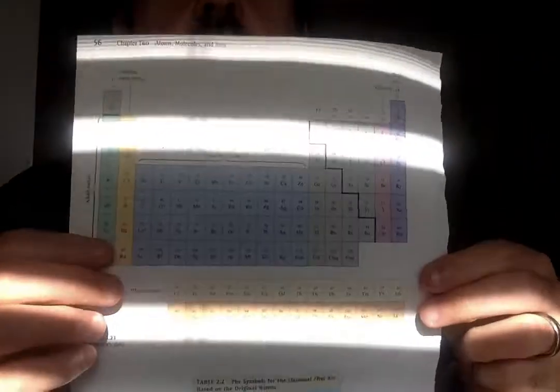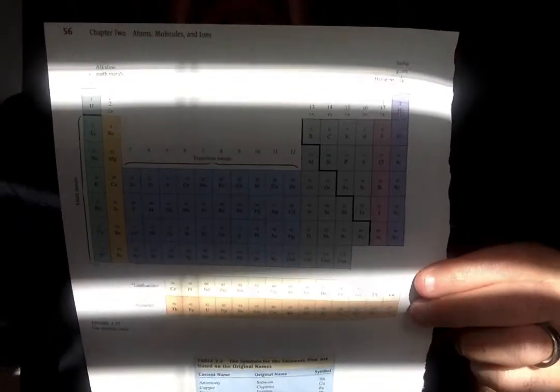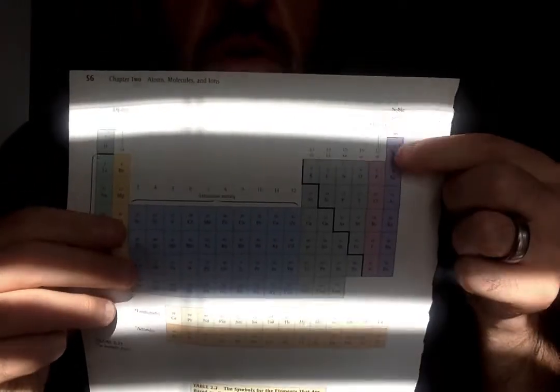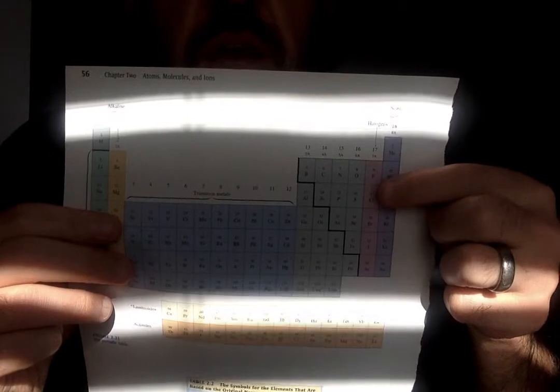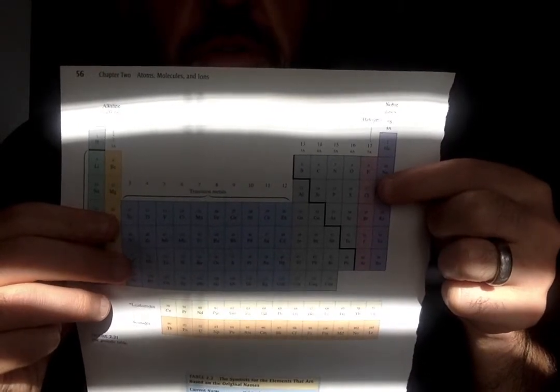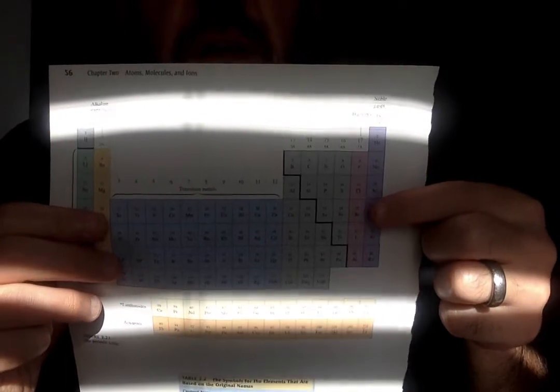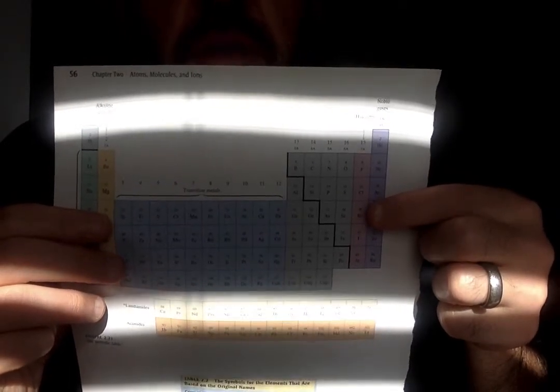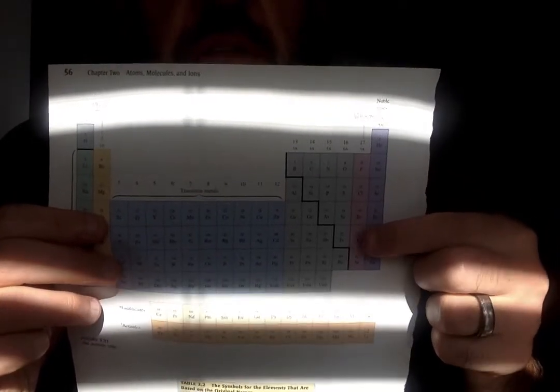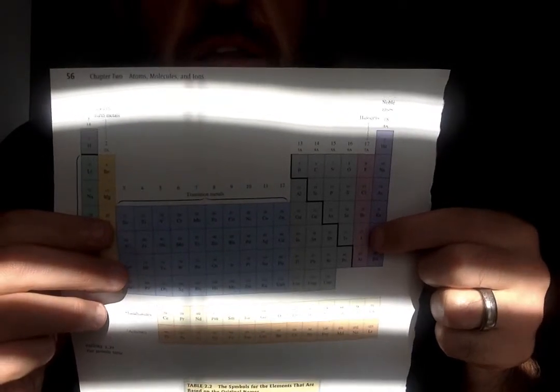So when you look at a periodic table, something like chlorine is going to have some London dispersion forces, but it's not going to be as strong as bromine, and it's definitely not going to be as strong as iodine.